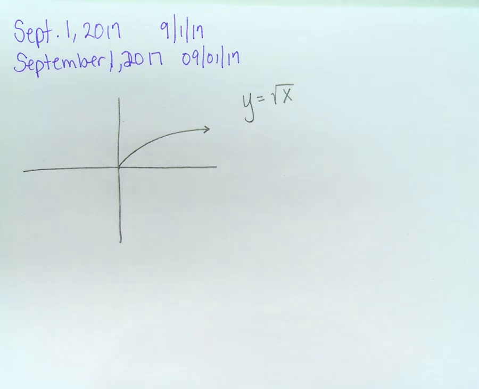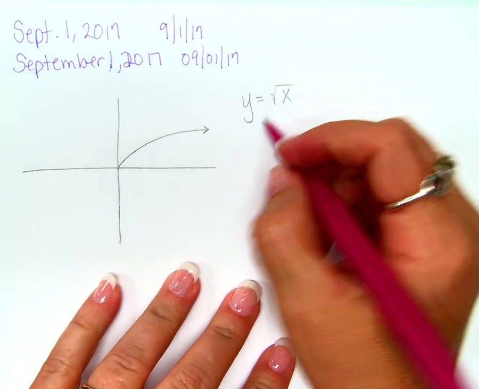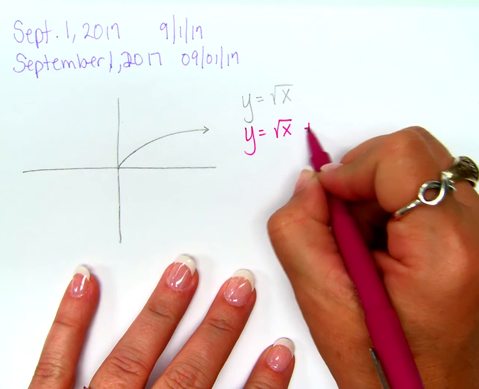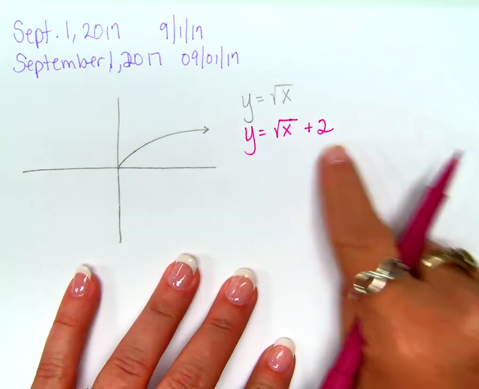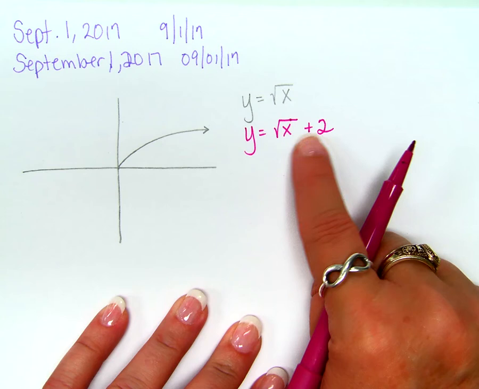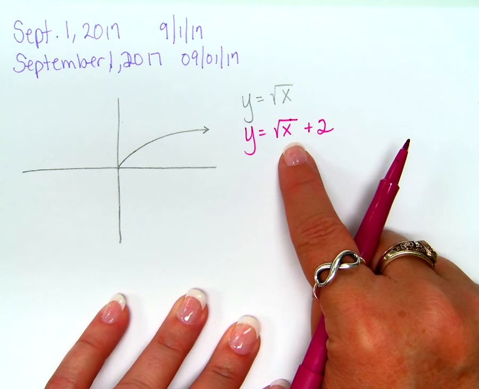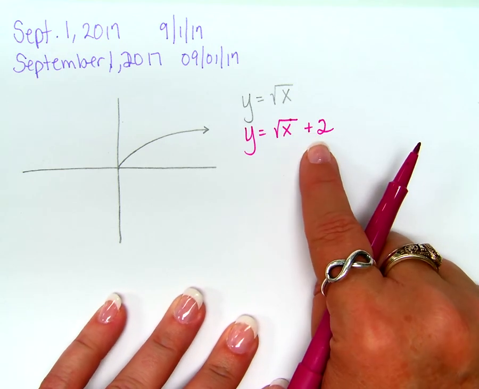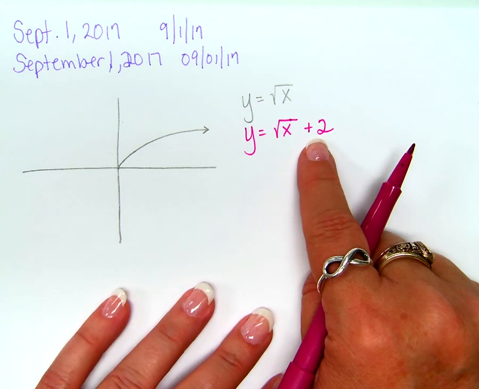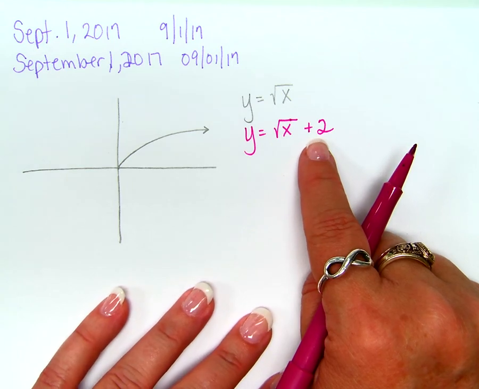Okay. So here's the parent function. Okay? If I write y equals the square root of x plus 2, I want you to notice that the 2 is on the outside of this function. Do you have a general idea of what I mean by outside of the function? Okay? If it was inside of the function, where would it be?